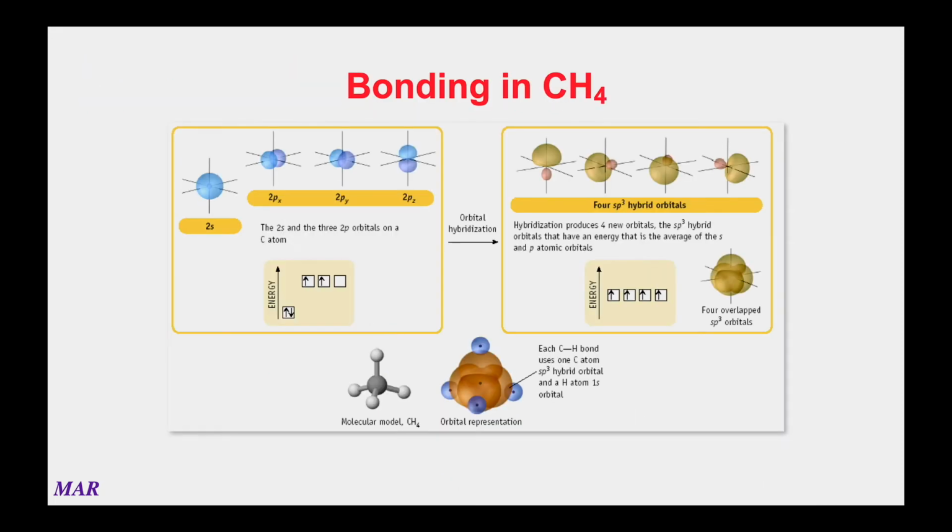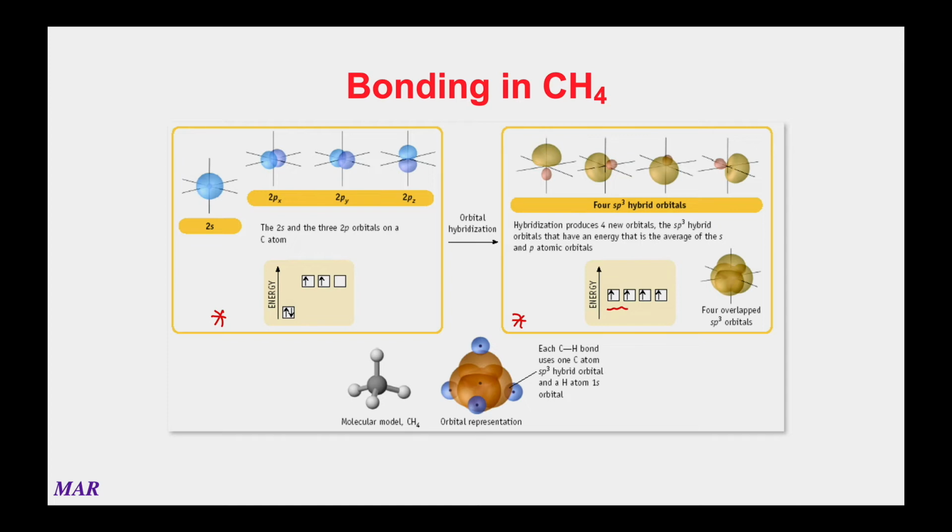This is an overview of what we just looked at here for methane. The left-hand yellow box is a before, all right, kind of thing where it shows the 2s2, 2p2, and the right-hand side is what happens after hybridization. So you go from the s and the 3 2p's into these 4 equivalent energy sp3 hybrid orbitals.